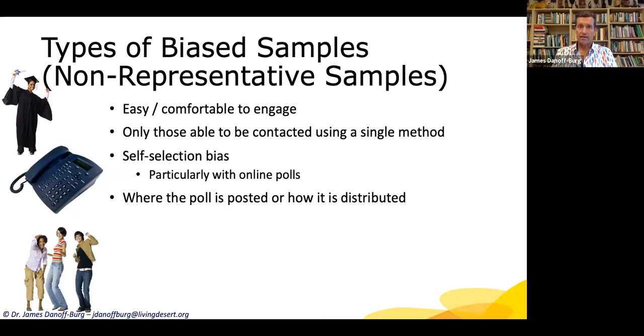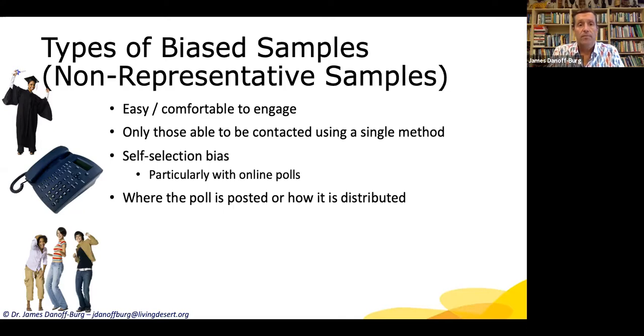If we do that, of course, we are not going to have the perspectives of the people who might be angry or not feeling well or resent the thing that we are asking them about. So we need to make certain that we are randomly selecting from the population so that we are not only talking to the friendly people. We're not only talking to our friends. We're not only talking to our family. Those are biased samples. Okay.